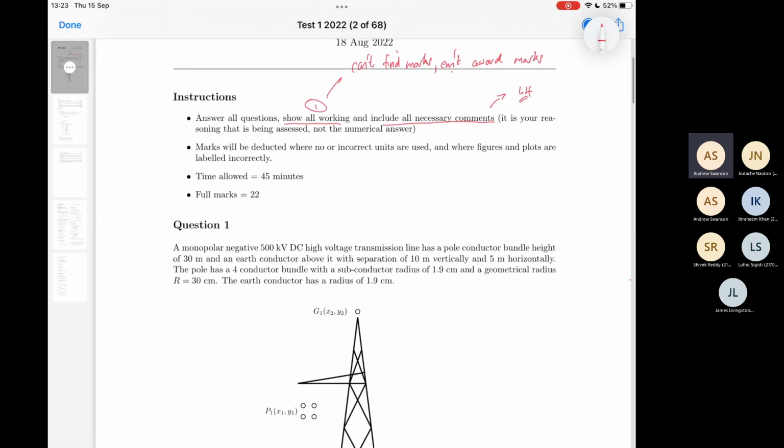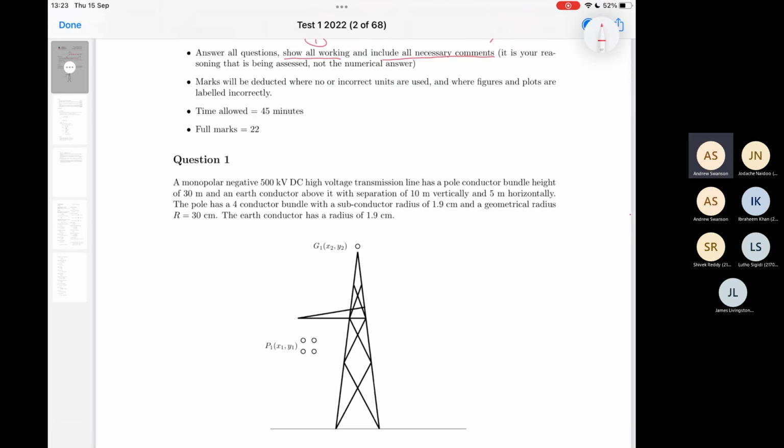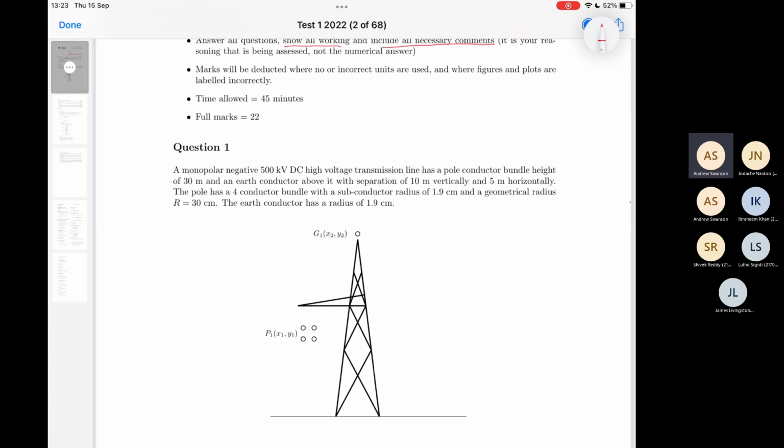All right, so a monopolar negative 500 kV DC high voltage transmission line. First of all, negative 500 kV and it's monopolar. Monopolar or bipolar, monopolar means there's only one pole, so it could be negative DC or positive DC.